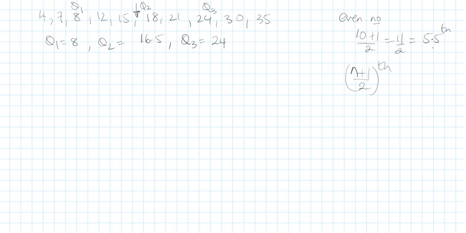But last time I didn't show you a formula because I wanted you to visualize how this number here splits the data set into two equal halves so that you have the same number of numbers on the left and right hand side. Because if this is the median, then I have 1, 2, 3, 4, 5, 5 numbers on the right, and 1, 2, 3, 4, 5, 5 numbers on the left.